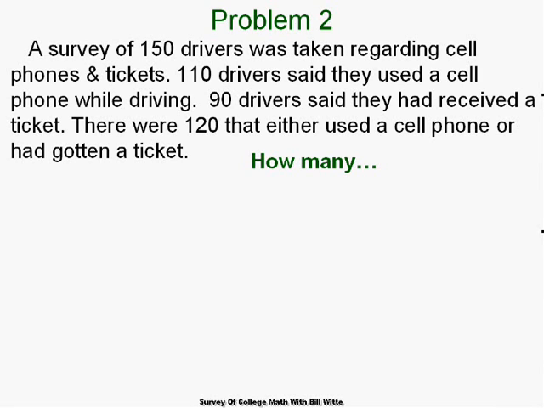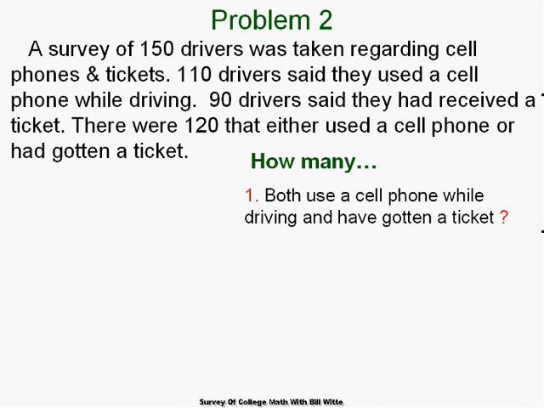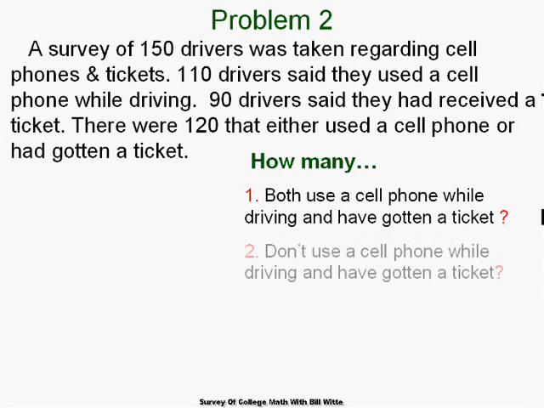Now, how does driving relate to use of cell phones, relate to tickets? We really can't see it until we actually draw a picture, I would say. Well, I might want to ask how many both use a cell phone while driving and have gotten a ticket. That's going to be pretty important, and that's not in the raw data.